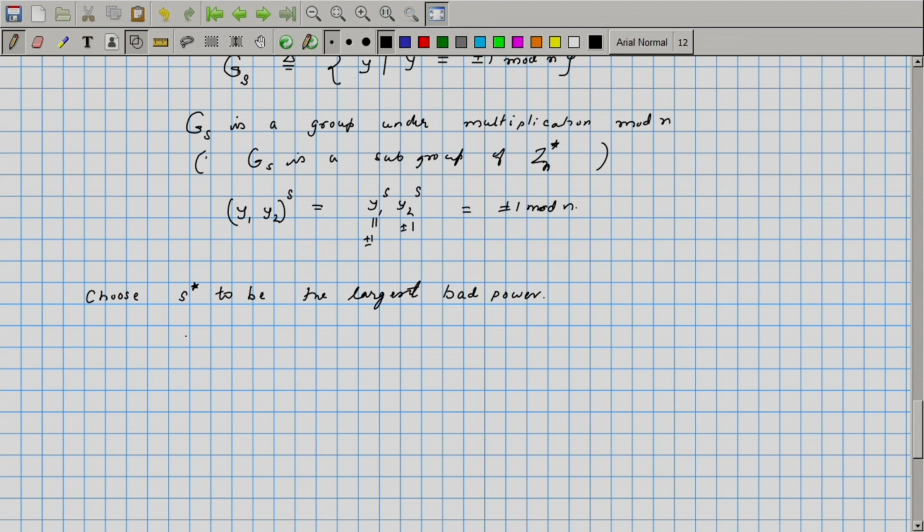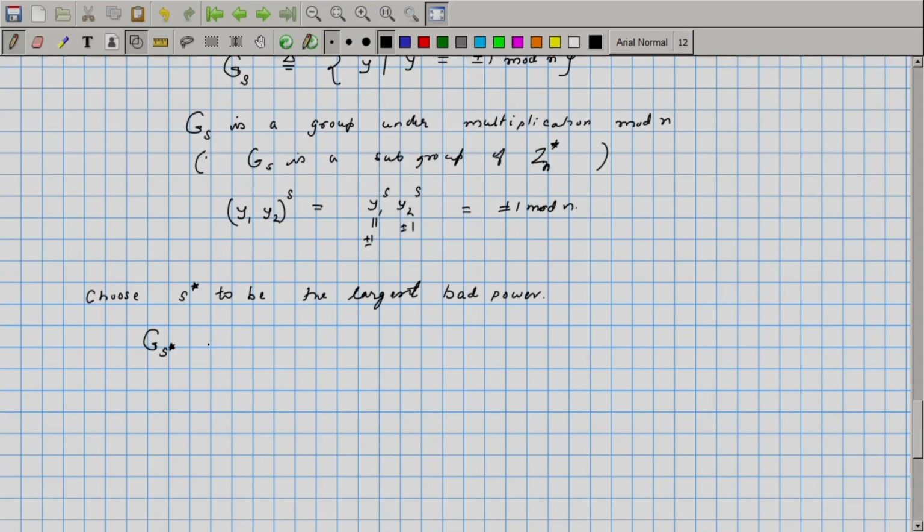Now, corresponding to this largest power, look at GS star, that is going to be a group, because we had earlier shown that GS is going to be a group for all possible values of S. Okay. Therefore, GS star would automatically be a group.